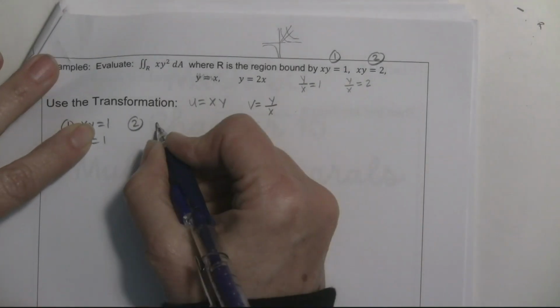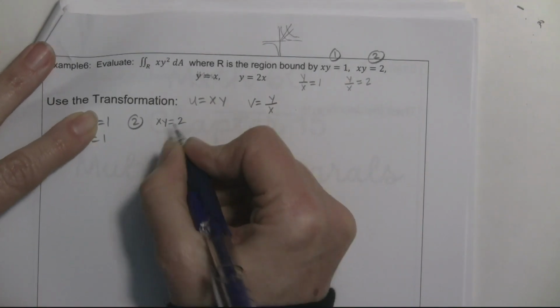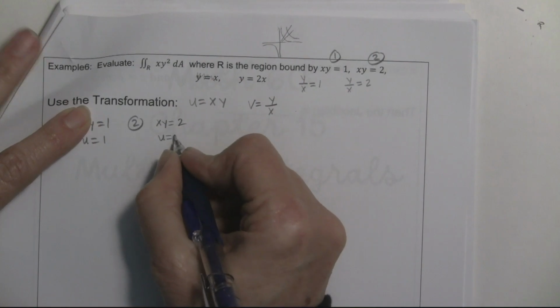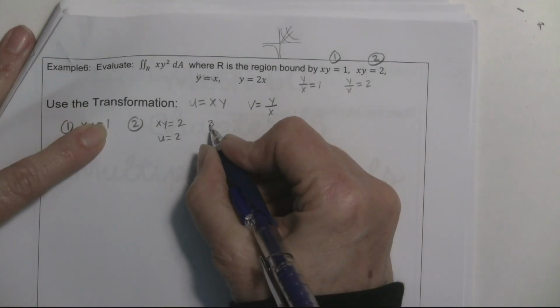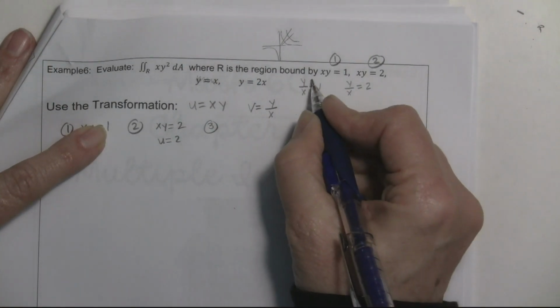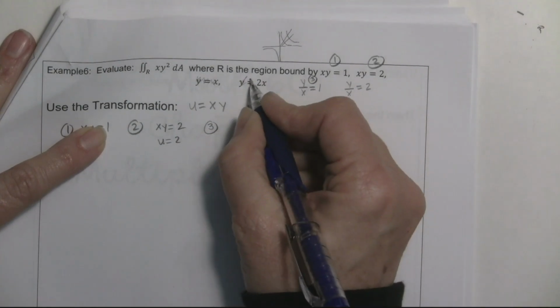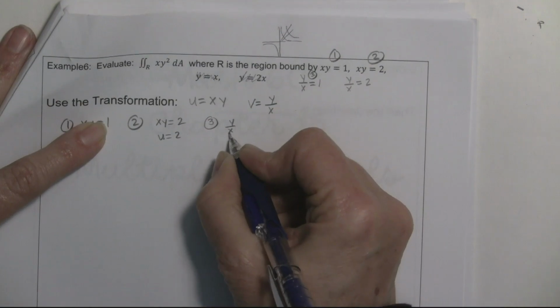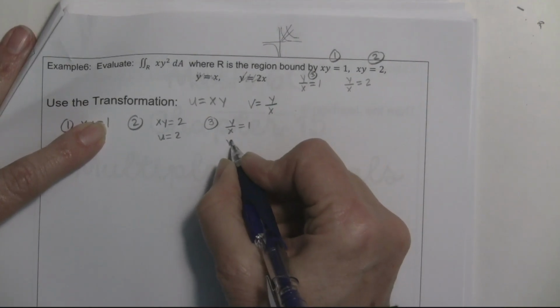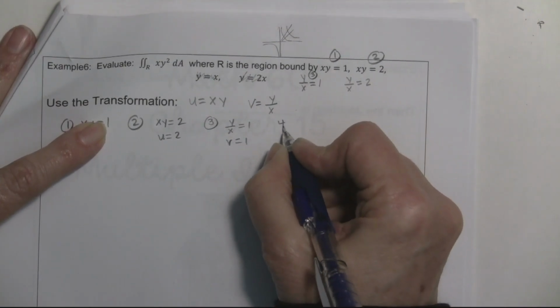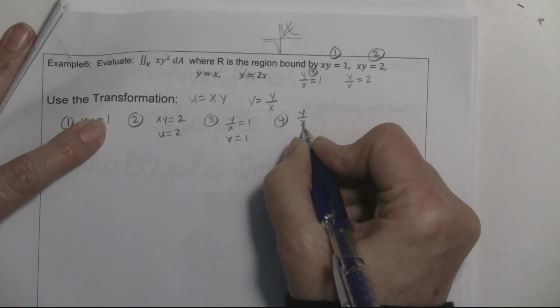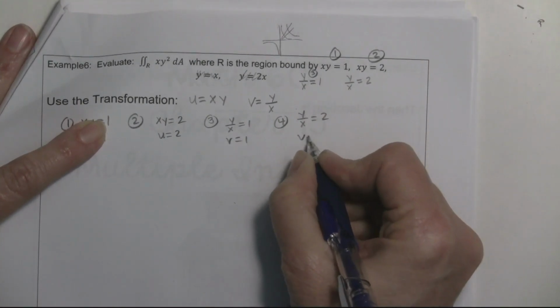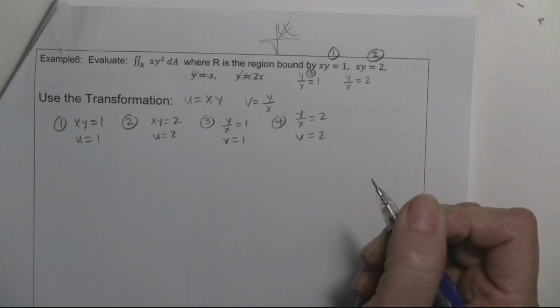Equation 2, which was xy equals 2, is now u equals 2, right? Equation 3, which was y over x equals 1, is now v equals 1.